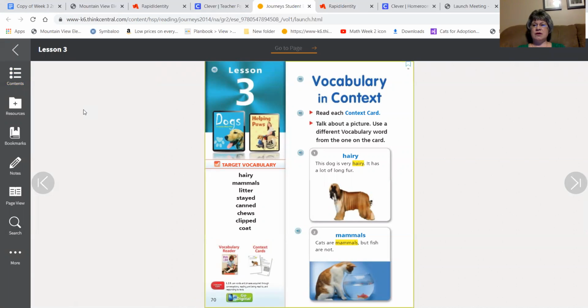Okay, since I will not be doing this with you live today due to the testing, I want us to look at these vocabulary words together. I will say the vocabulary word, and then I would like to give you a moment to say it out loud with the recording. Okay, so our first word this week is hairy. Your turn.